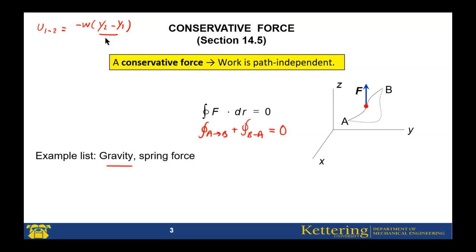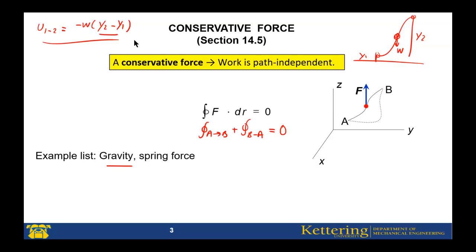That y2 minus y1 is the difference between the elevations along the vertical direction. For example, this one is going from 1 to 2, from this datum line, this is y1, this is y2. If this particle has a weight of W, this equation can calculate the work done by the weight.